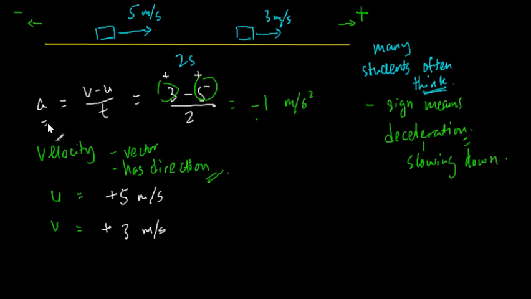So what I actually have here is an acceleration of 1 meter per second squared to the left. But what does that mean? The car is obviously moving to the right. What do you mean by an acceleration to the left? If the car is moving to the right, then an acceleration in the opposite direction just means that it is slowing down.